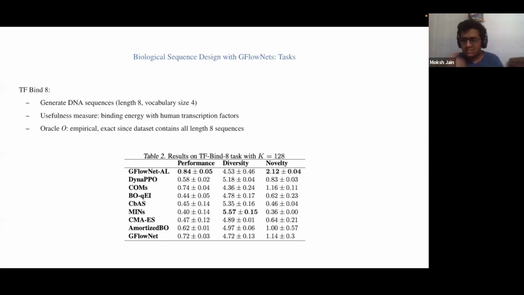And I guess the general setting that we envision this GFlowNet active learning loop to be applied in is with actual real world experiments, or some very high fidelity simulations, where you expect the oracle to be the final thing that you care about.